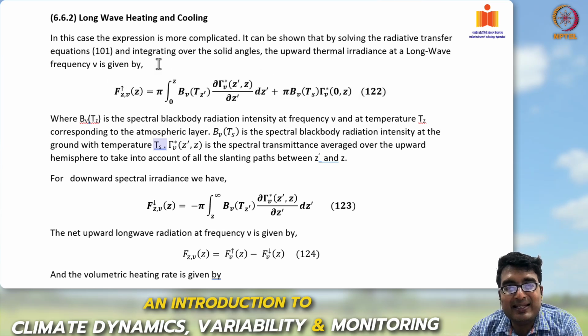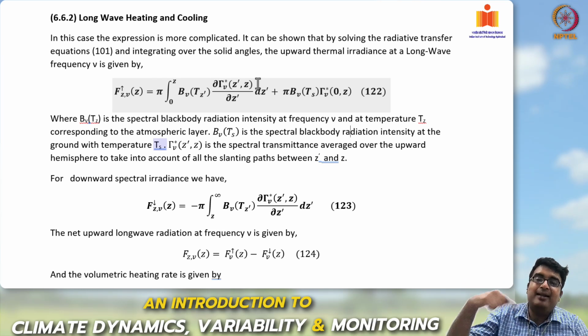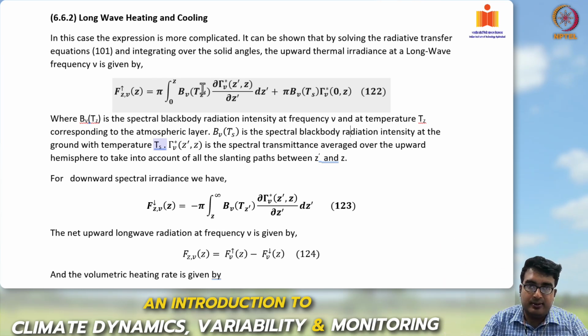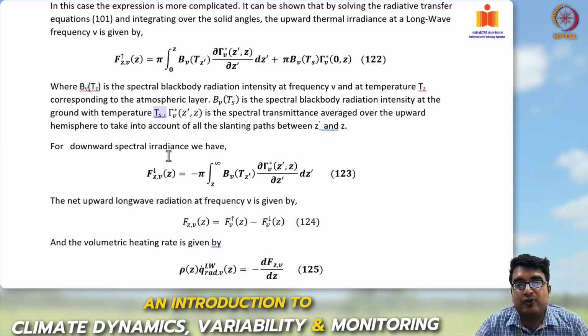And this expression is giving us all the contributions from the intervening layers of the atmosphere and their transmittance gradients. So this is the contribution of all the atmospheric layers, and this is the contribution of the ground. Basically that is it. The downward spectral irradiance, the downward flux density for a specific frequency of long wave radiation.